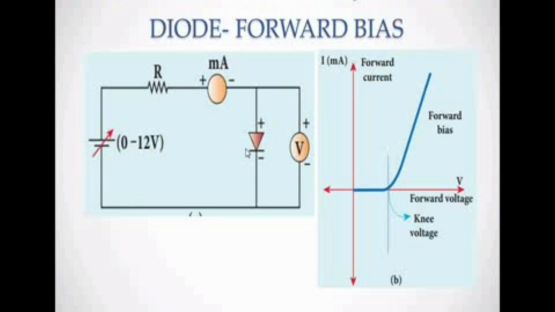So we can draw the graph between the voltage and the current, with voltage on the x-axis and current on the y-axis. As the voltage increases, the flow of current also increases. At a certain value, the current increases enormously in forward bias condition. Up to this point, it behaves like an insulator, and beyond that line, it behaves like a conductor.